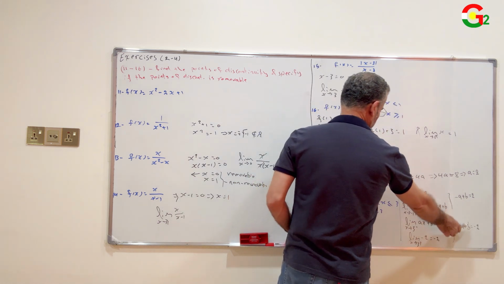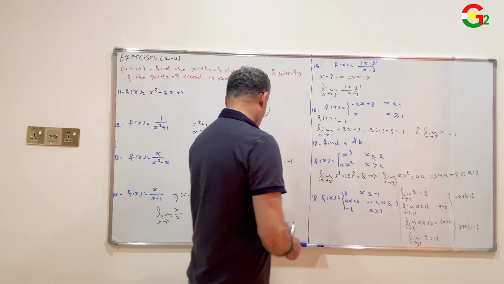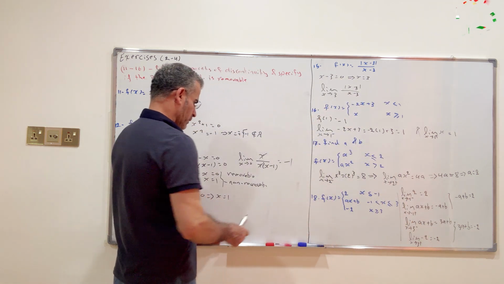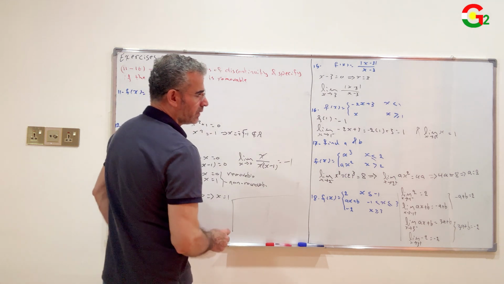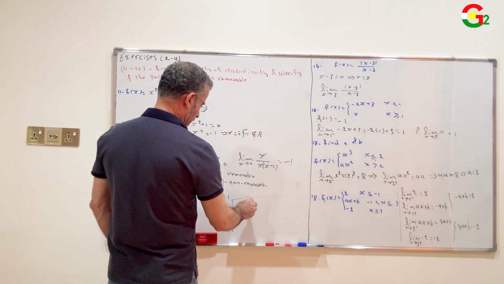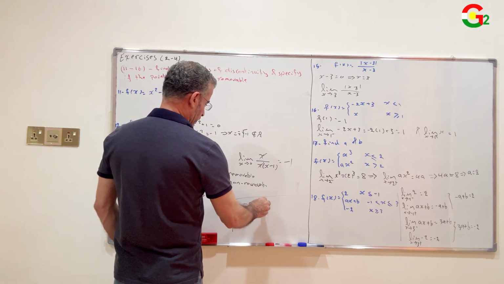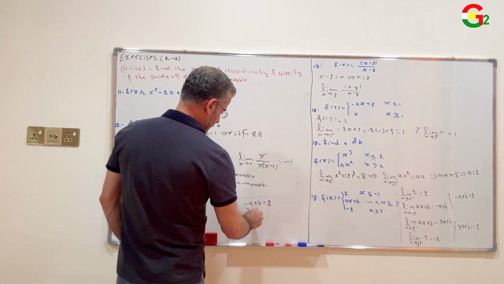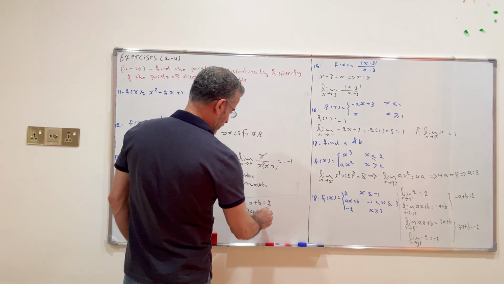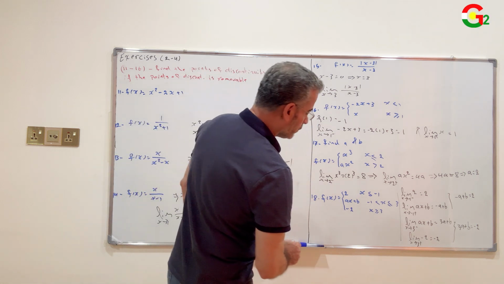Therefore, we have two equations in two unknown constants. Solve them to find the values of a and b. -a plus b equals 3a plus b equals -2.